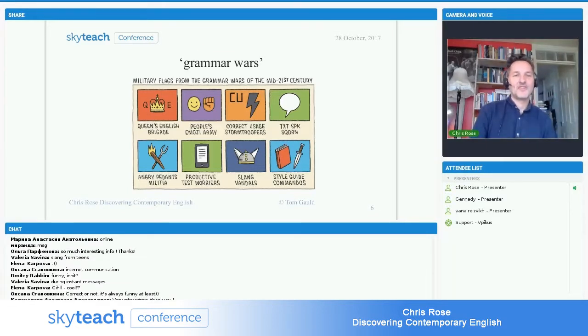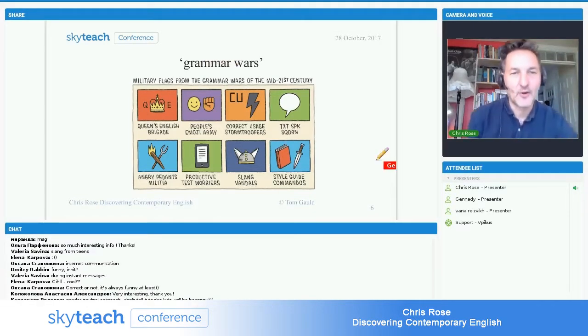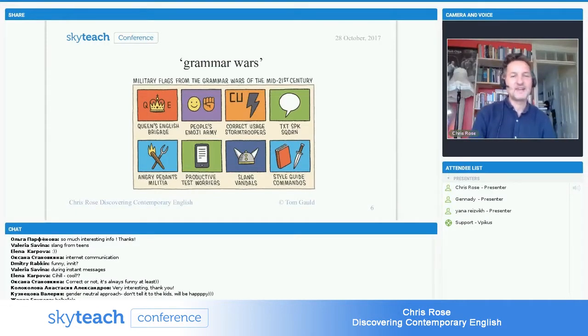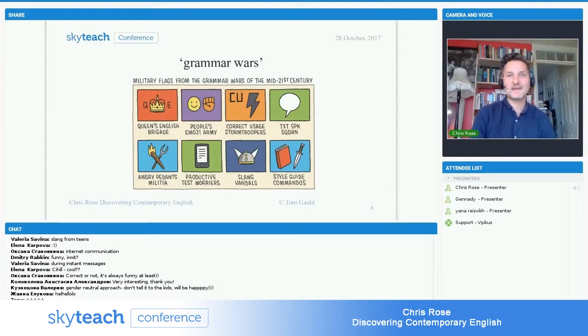Some people who think we should speak like the Queen's English Brigade. Some people who are all in favour of complete change, like the People's Emoji Army there. Slang vandals, commandos, pedants, grammar pedants.